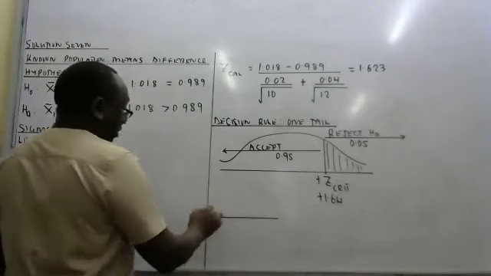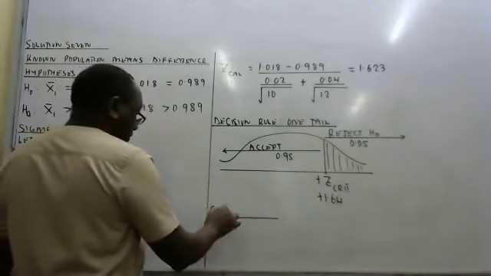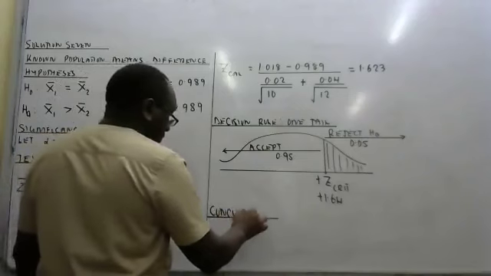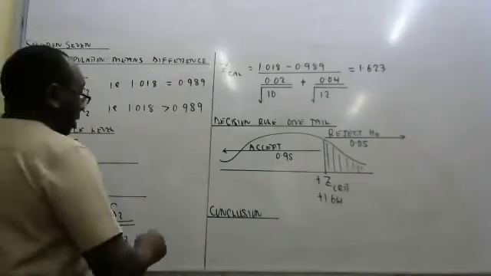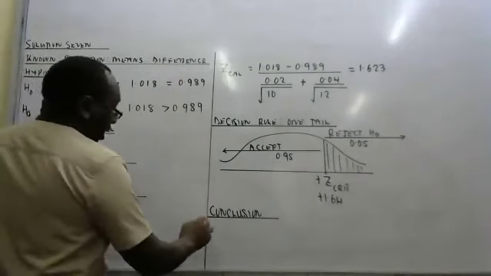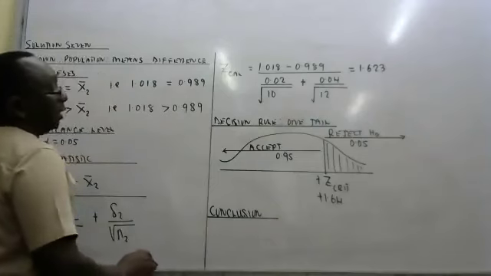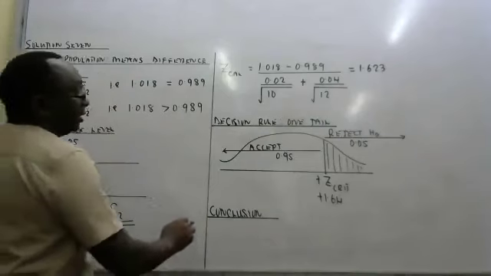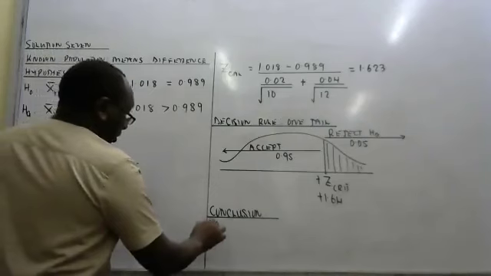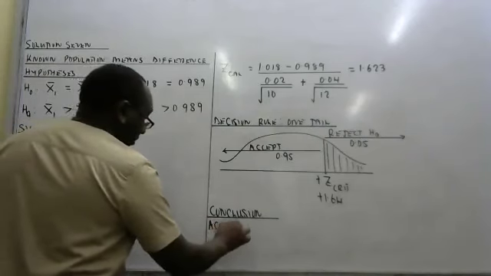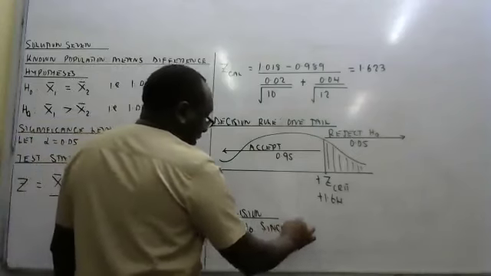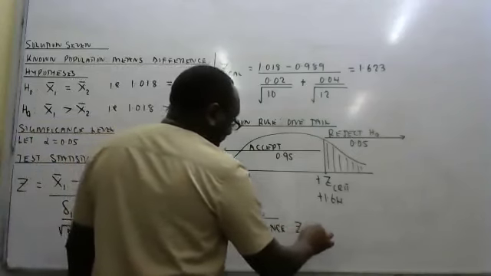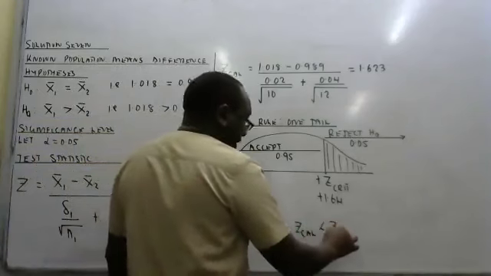So from there, you make the conclusion. And the conclusion is we shall accept null, since Z calculated is less than Z critical.